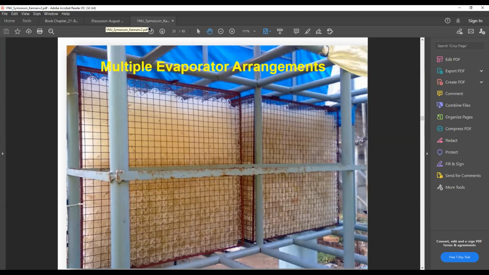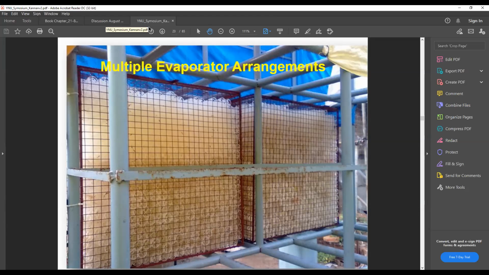problem. But if there is too much pressure drop in the cage, then the air intensity would not be as high as it is at the front of the cage. As the air penetrates into the cage, the pressure drop increases and the effectiveness would be reduced.